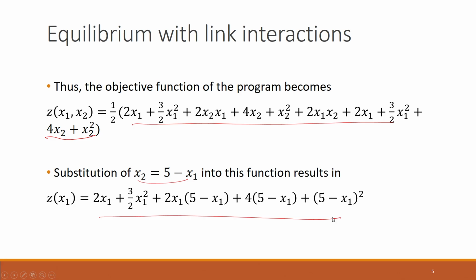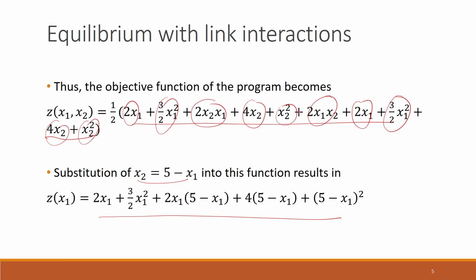One thing to notice here is that these terms are coming twice. For example, 2x1 is here and then it is also coming here. 3 by 2 x1 square is coming here and then it is coming here. 2x2 x1 is coming here and then here, 4x2 is coming here and also here, and x2 square is coming here and then here.